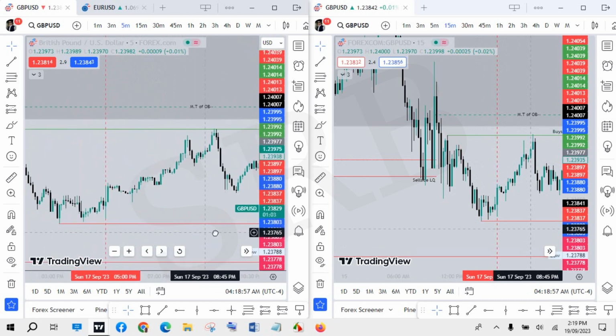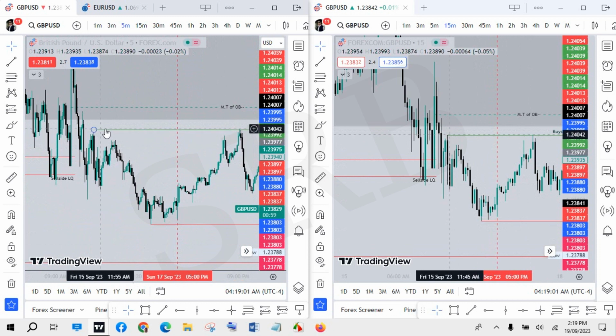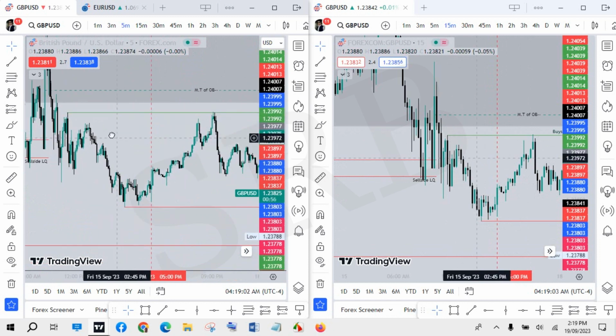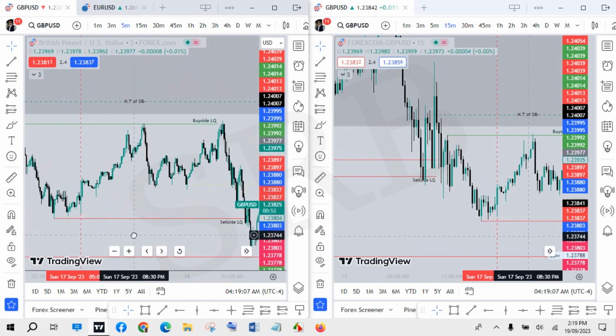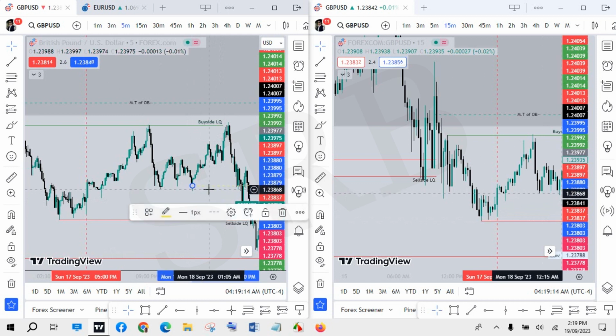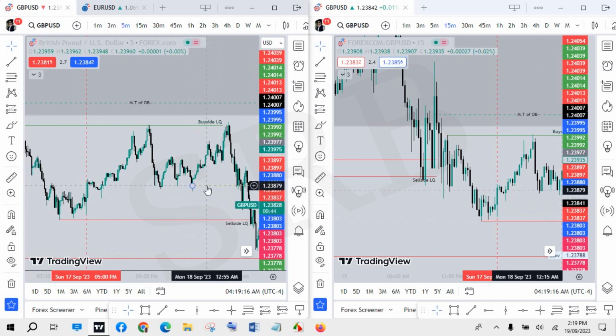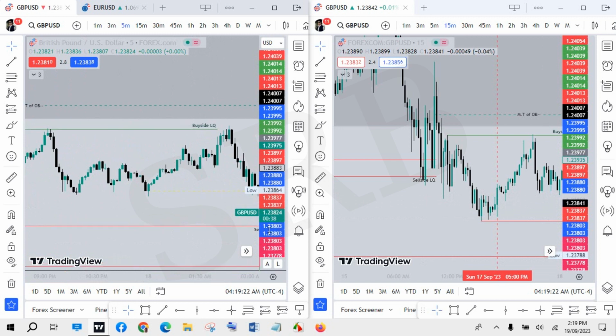So Sunday's price: this high is noted as buy side, and this low is noted as sell side. We have this midnight candle opening of Monday's price, the true daily opening range.